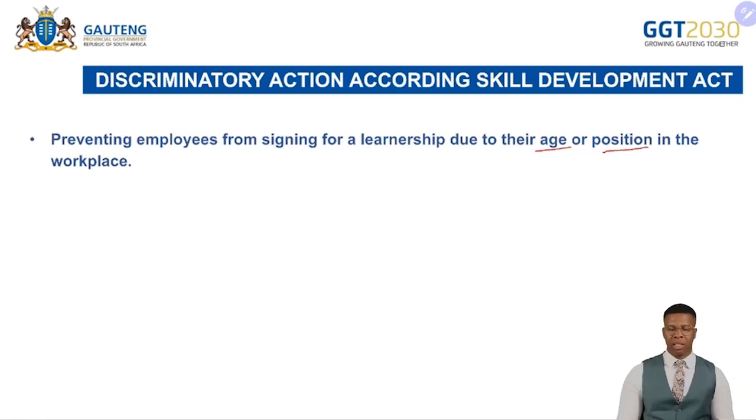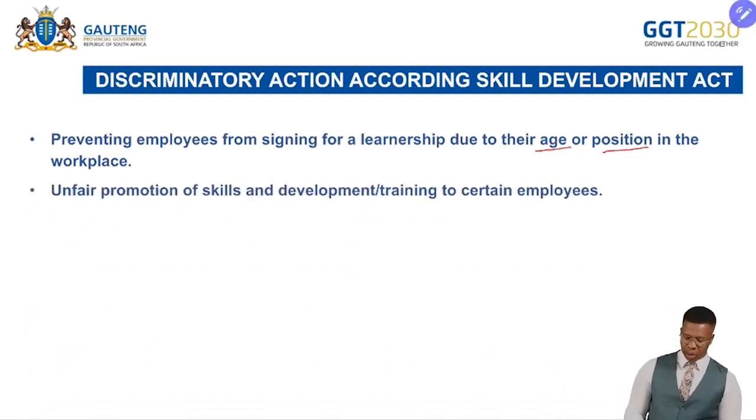So sometimes such employees might be discriminated against having an opportunity to learn or sign for a learnership program. So that is discriminatory because everyone should be given an opportunity to improve their skills, no matter how important they are in the organization.